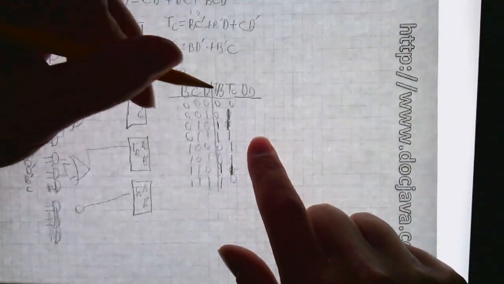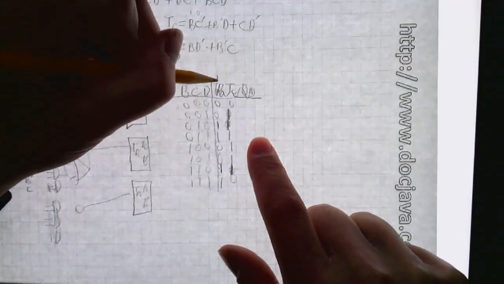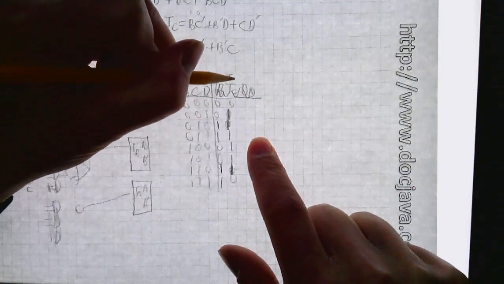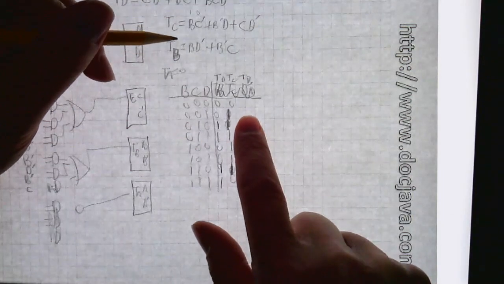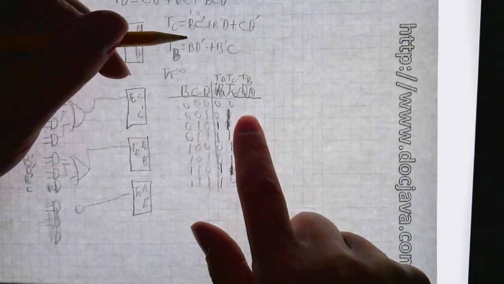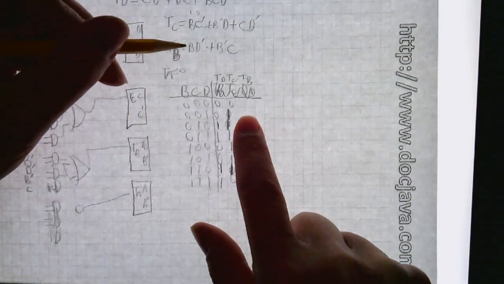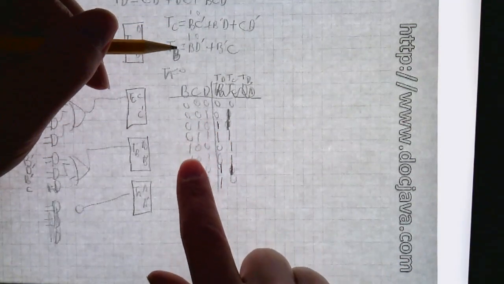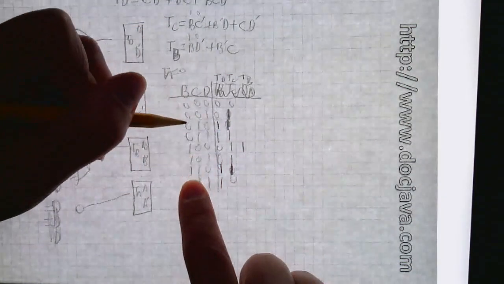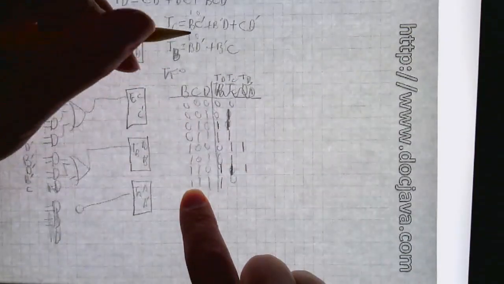So that what we can do is write T sub D, T sub C, T sub B, and then if you want you can reverse the columns later. What a pity. T sub B is going to be 1, 0. So that's going to be 1, 0. That's here and here.